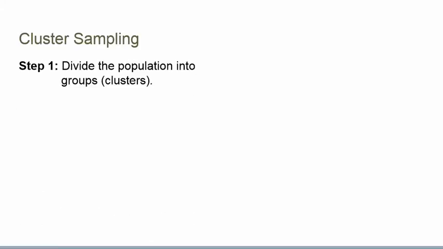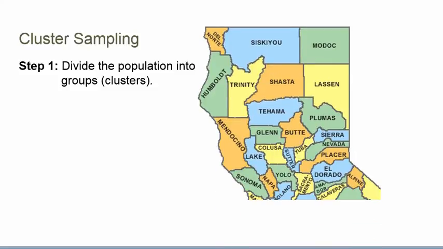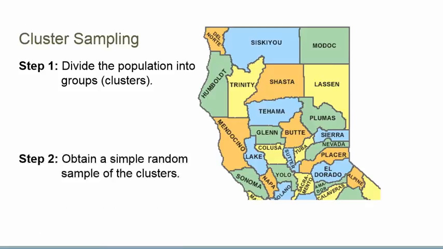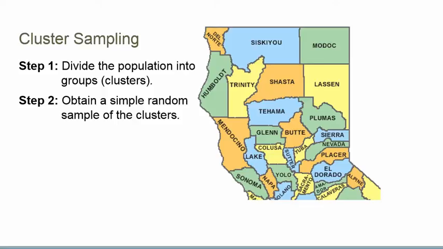Cluster sampling. Step 1. Divide the population into groups called clusters. So here we have a map of Northern California, and our clusters are the counties. Step 2. Obtain a simple random sample of the clusters. So these are the counties that we are going to sample.